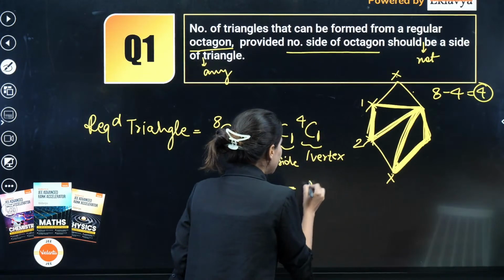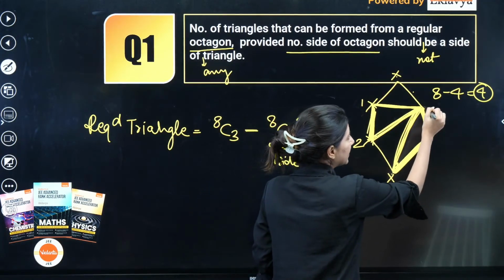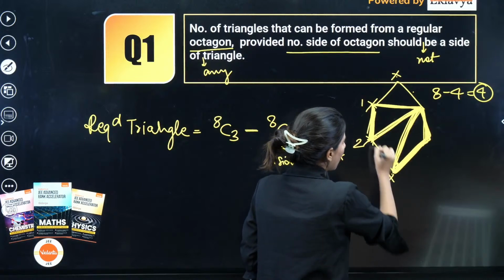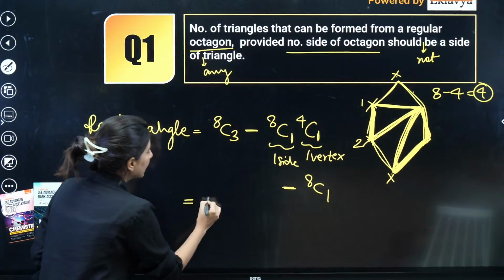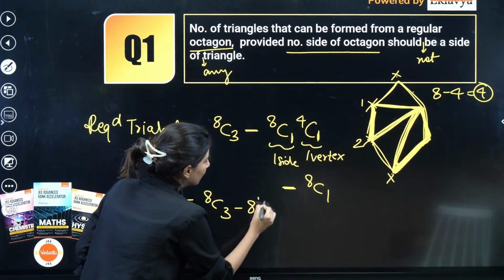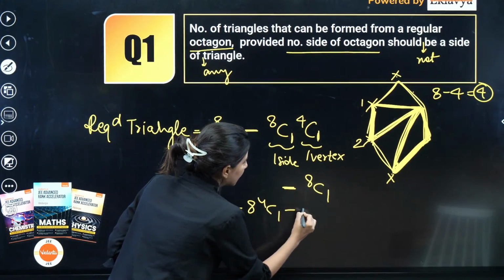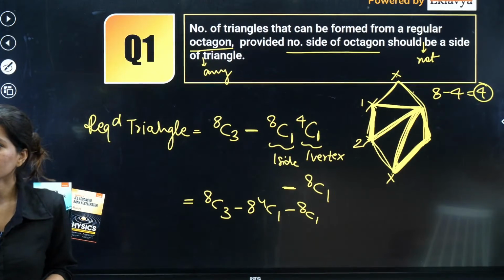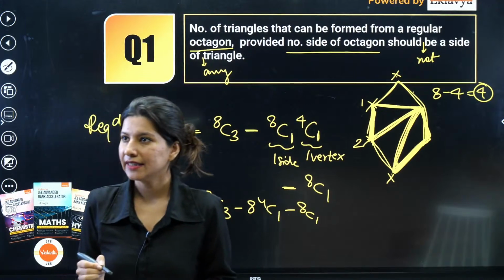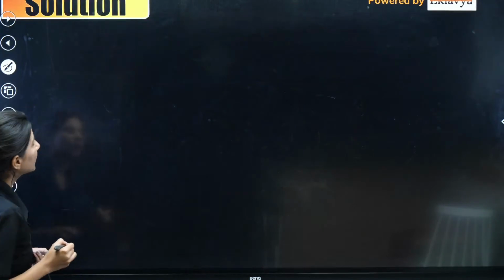So how many will that be? 8C1. Basically either this or this or this or this. So that will be 8C1. So your final answer will be 8C3 minus 8 into 4C1 minus 8C1. That's it. Okay. All right. Clear? Yes. All right, so question 1 is done.